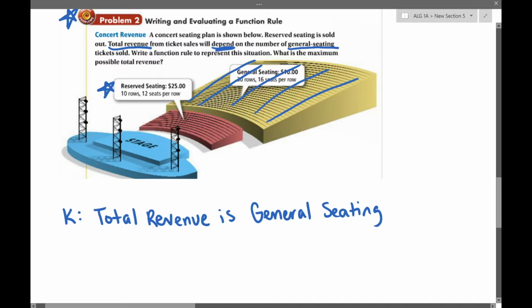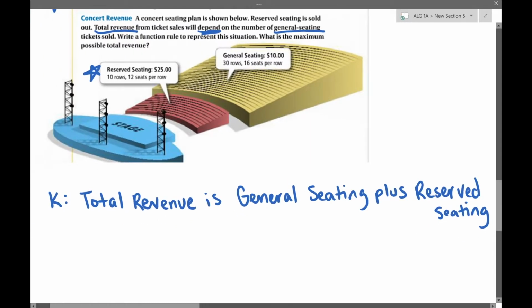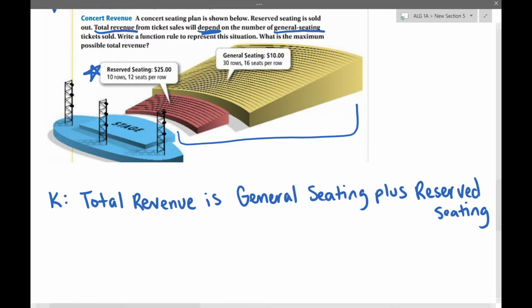No. What else would it depend on? Plus reserved, plus reserved seating. Okay, so my total revenue is both areas, this and this area together. Okay, so when you go out and if you're ever a performer, if you sell out, that means all of those seats are coming into your revenue.